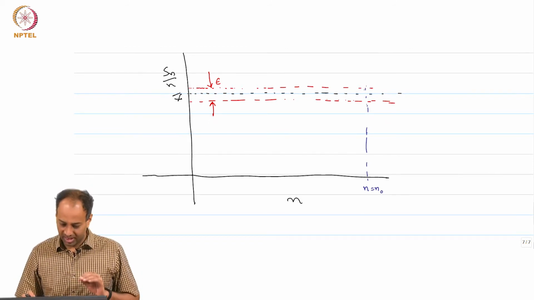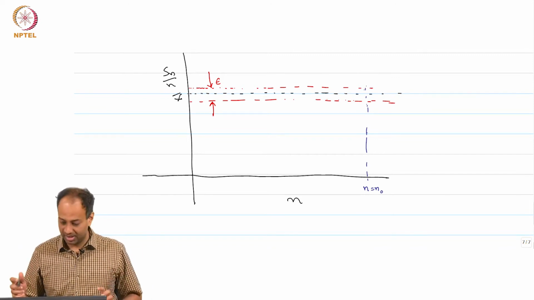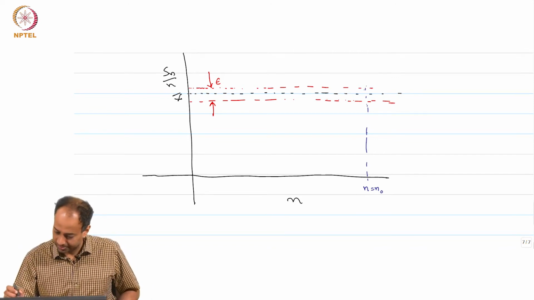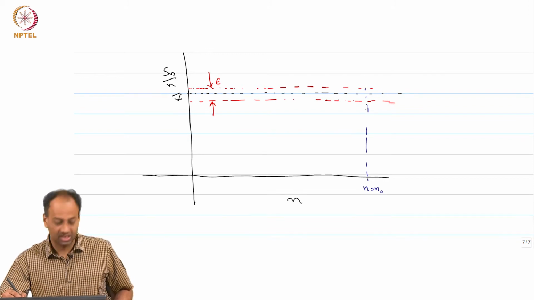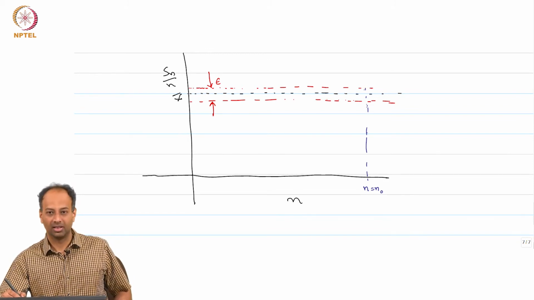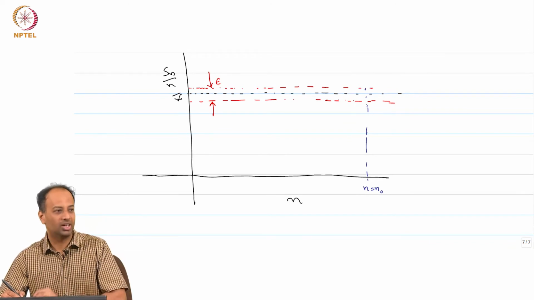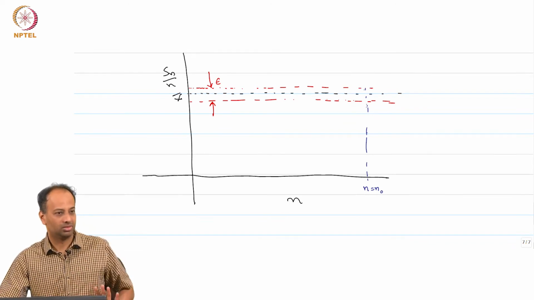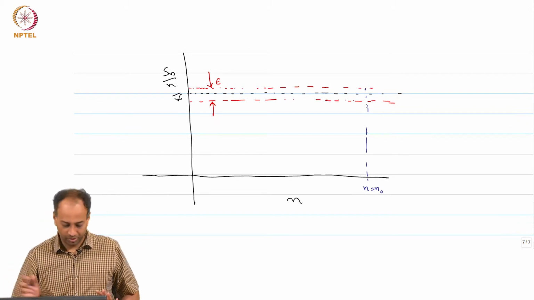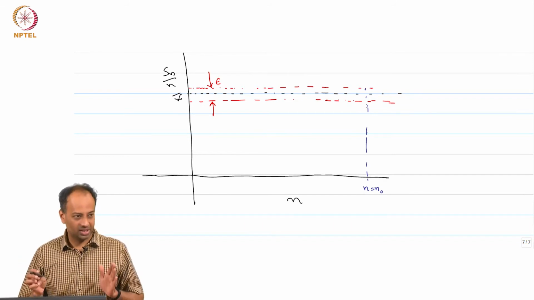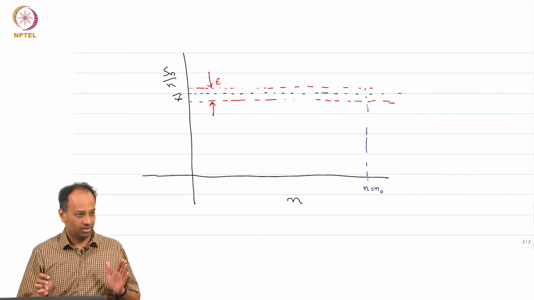So, what weak law is saying is that the probability of S n over n falling outside this epsilon band becomes smaller and smaller as n becomes large. Okay.